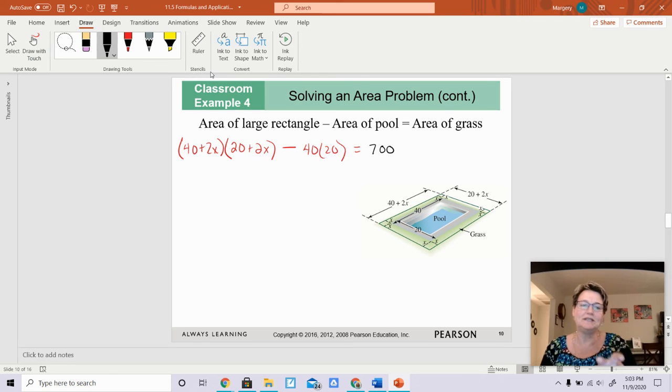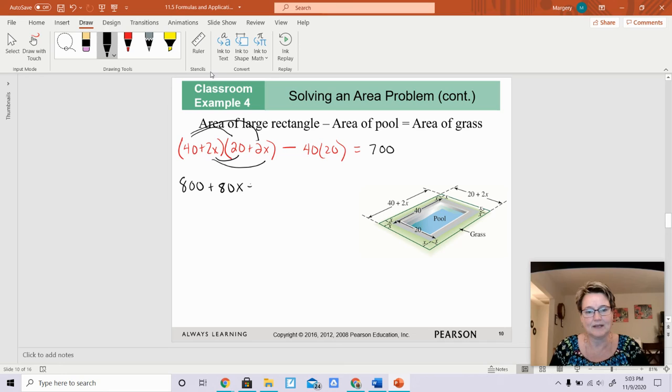What you need to do is multiply 40 plus 2x times 20 plus 2x first. So I'm going to do that now, and I'm going to get 800 plus 80x plus 40x plus 4x squared.